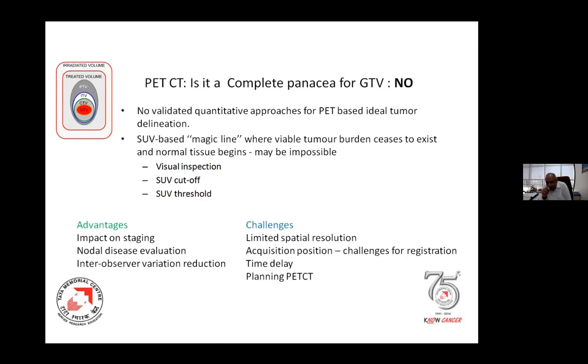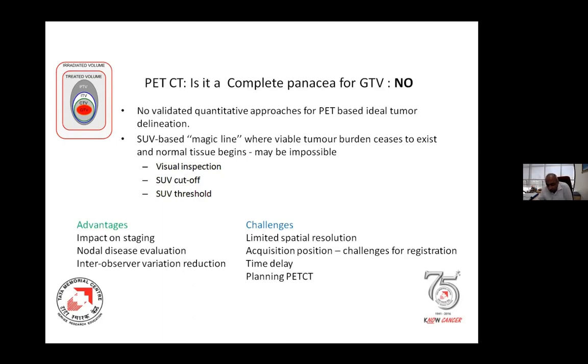What is that magic line which exists between the normal area versus the target area? So that gray zone, or what we say the orange-lit zone, needs to be visually checked. Your SUV cutoff or SUV threshold may give you some idea, but a definite visual inspection is required.